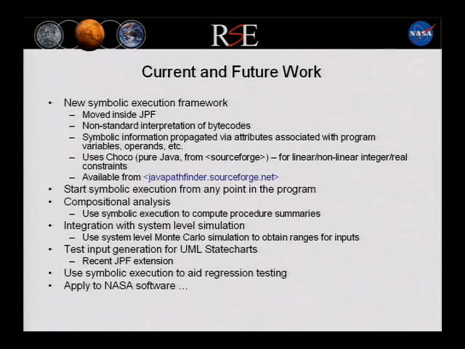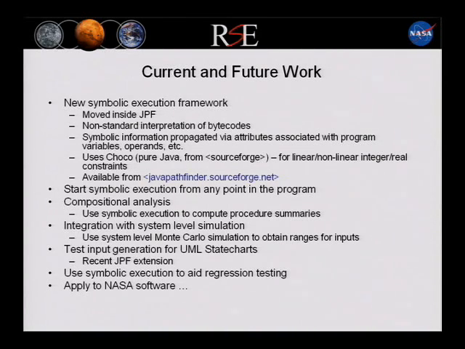The symbolic information is propagated via attributes associated with program variables, the operands on the stack, and so on. This is quite nice because with those attributes you can encode other analyses and propagate whatever information you want. It is also used for checking, for example, runtime errors and things like that.